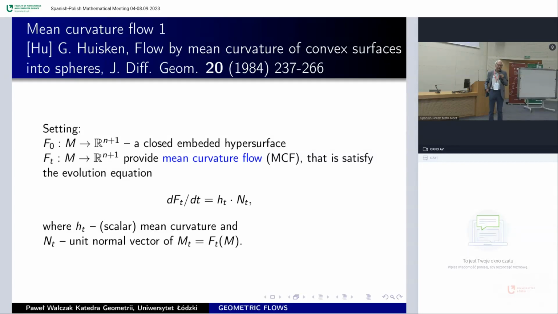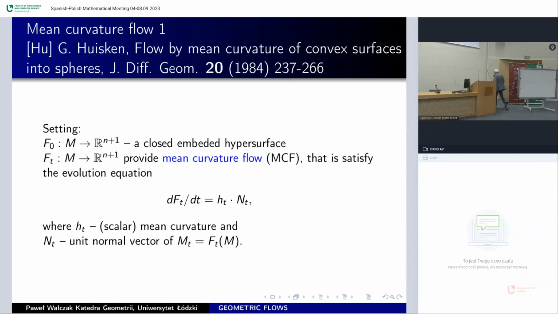H_t here means the mean curvature of the embedded hypersurface. Mean curvature is just the trace of the second fundamental form, or if you like, the trace of the shape or Weingarten operator.